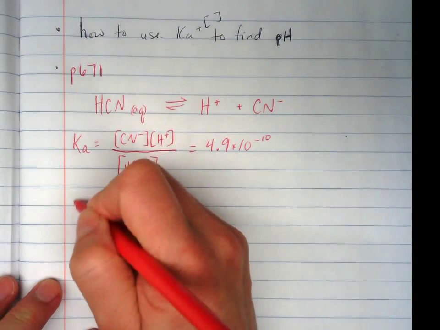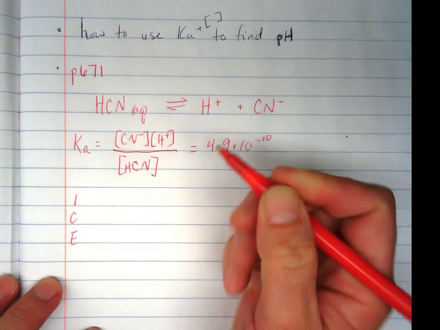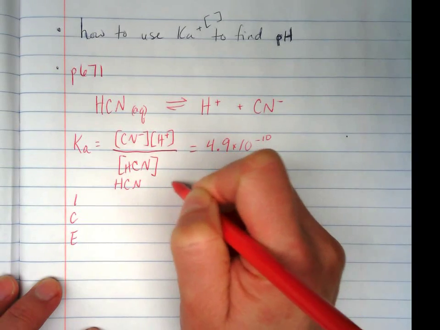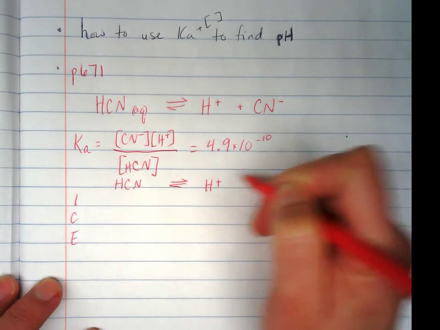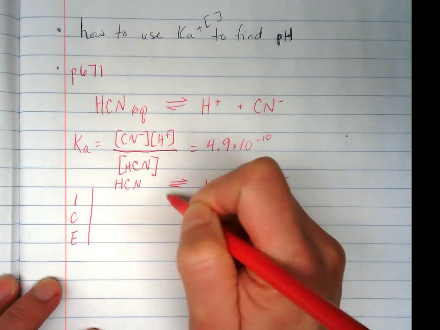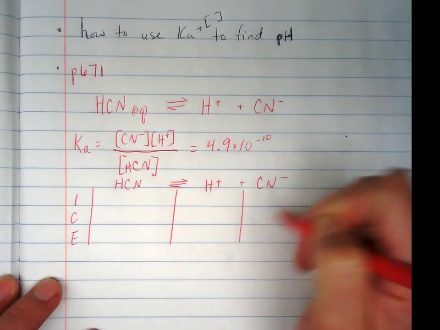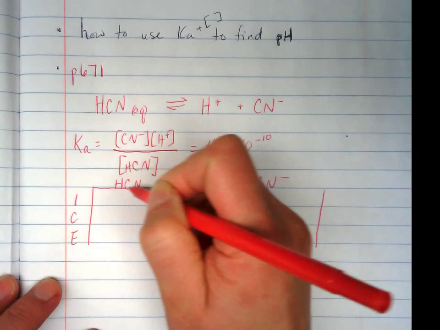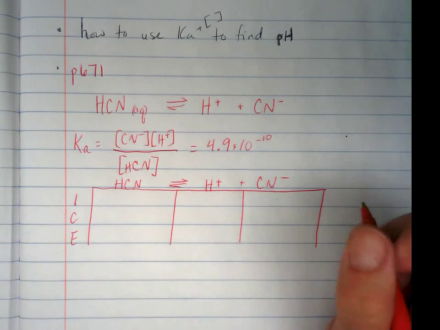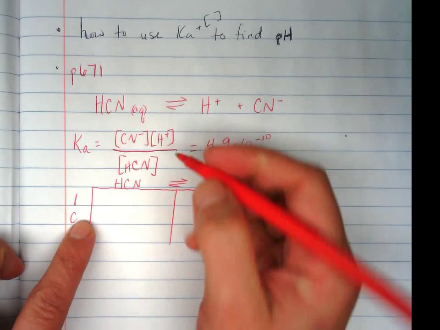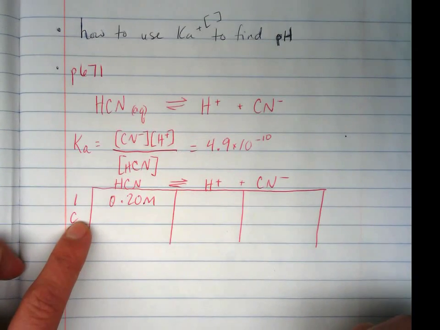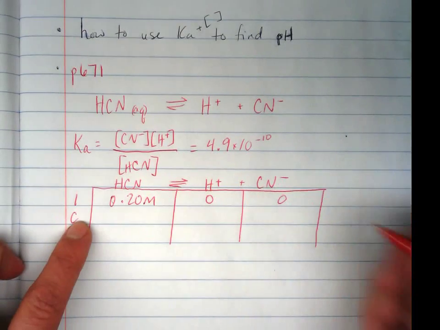Alright, so next we're going to plug everything into an ICE table using this equation. So we have HCN, H plus, and CN minus. So I know initially I have a concentration of 0.20 moles per liter, and 0 and 0.